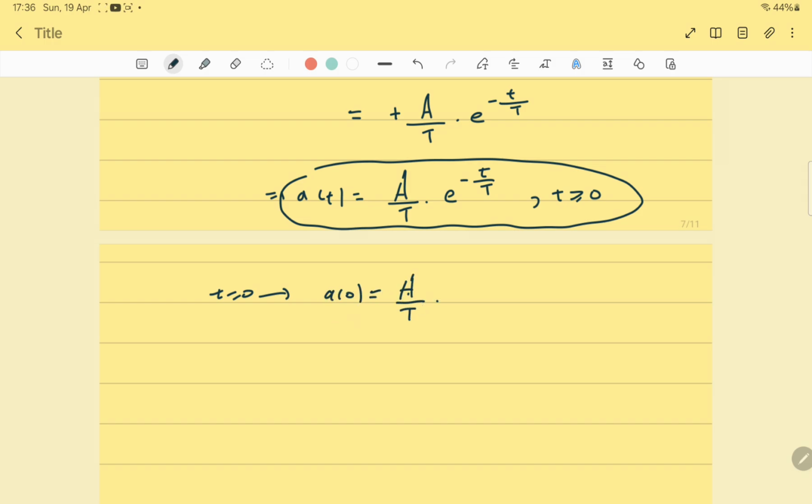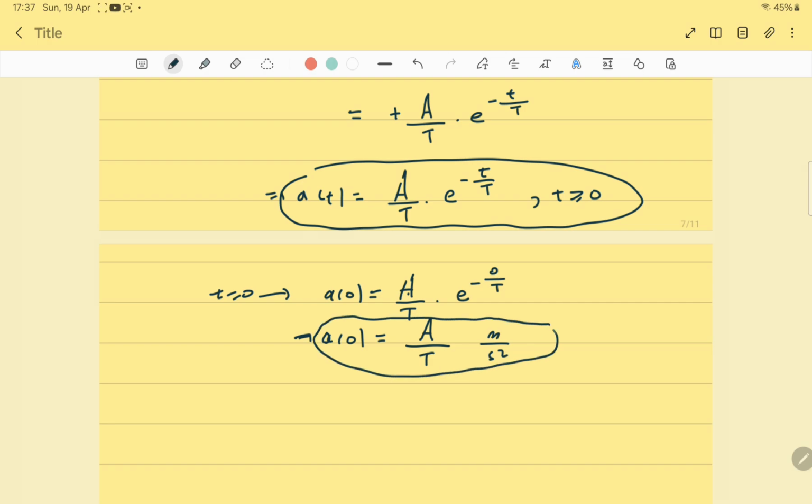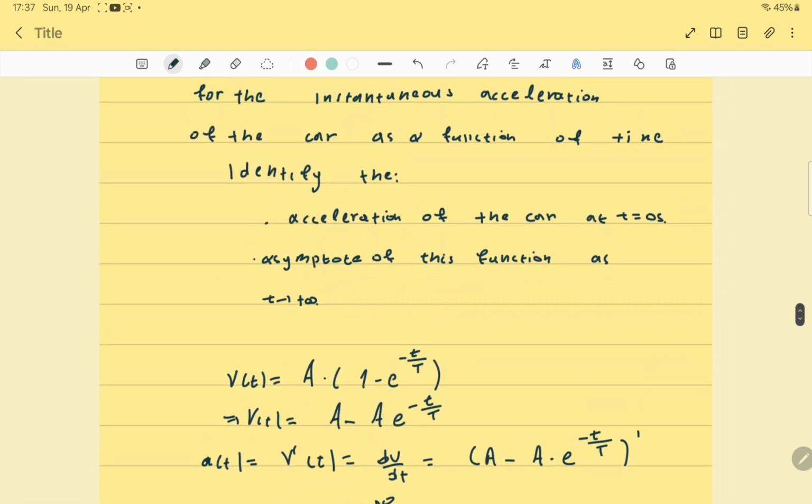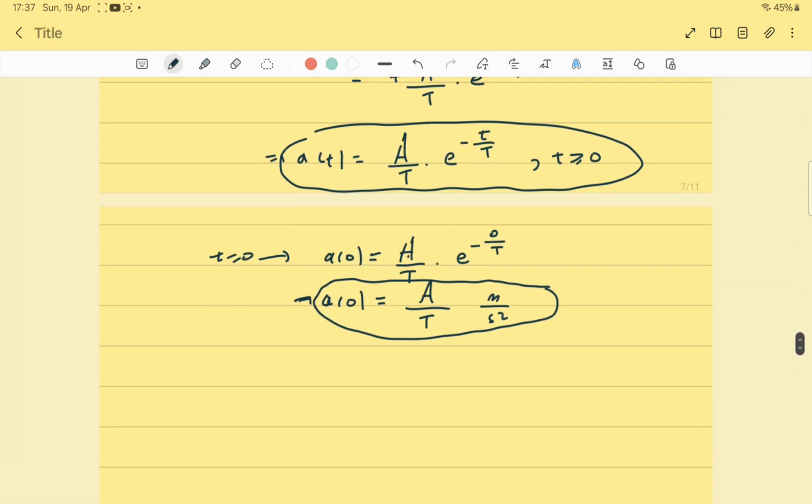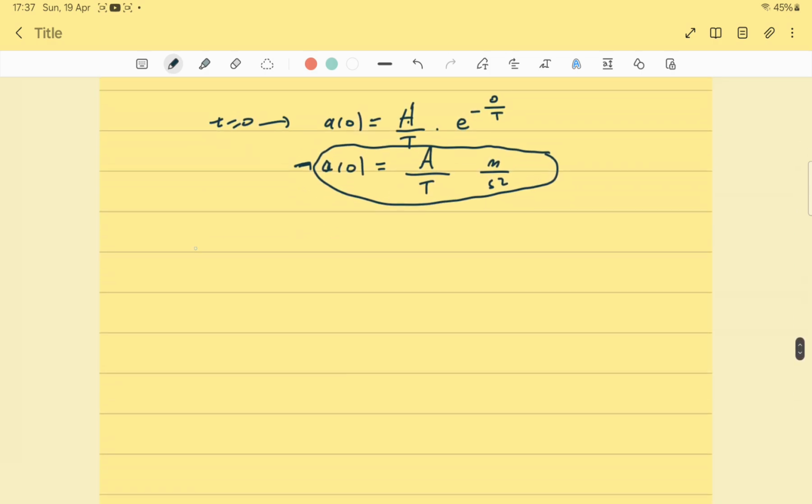It's going to be A over T times e to the minus 0 over capital T. So a of 0 is going to be capital A over capital T meters per second squared. That is the acceleration of the car for t equals 0.